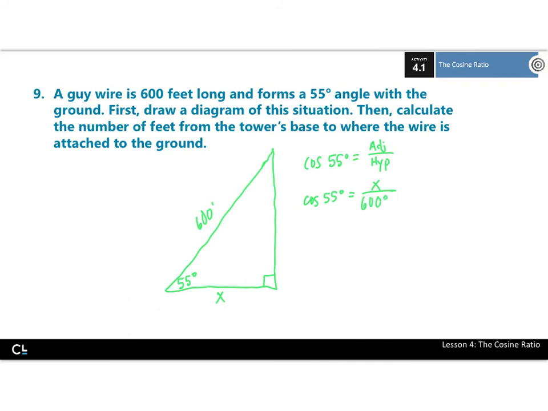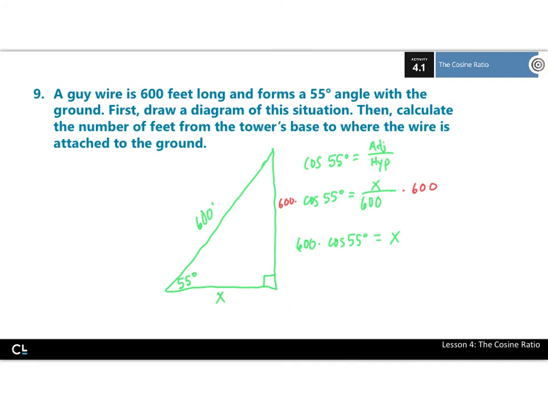To get x by itself here, we need to multiply both sides by 600. I don't know why I put a degree mark on that 600. Let's take that off real quick. There we go. So we will have 600 times the cosine of 55 degrees equals x.